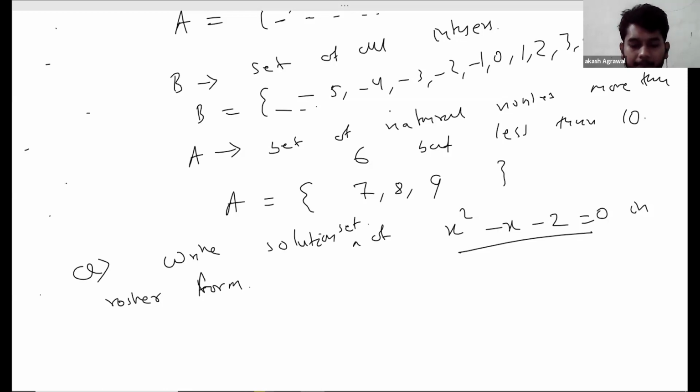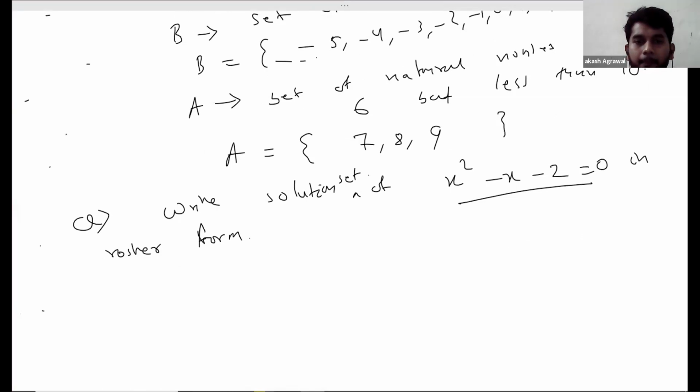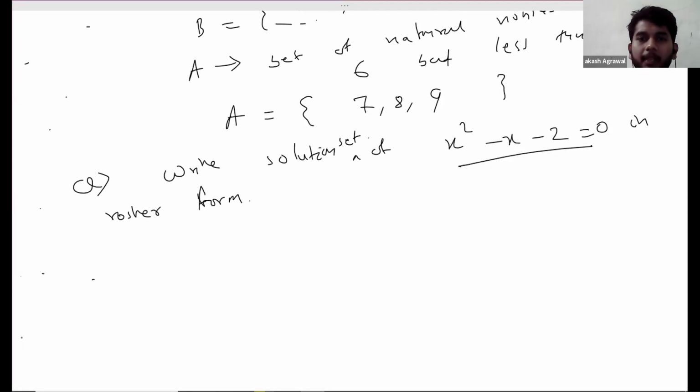Afnan, Abdullah, got the answer? Nine? No, some mistake is done there. What is the value of A here? 1. And B? -1. C? -2. So let's use the formula.